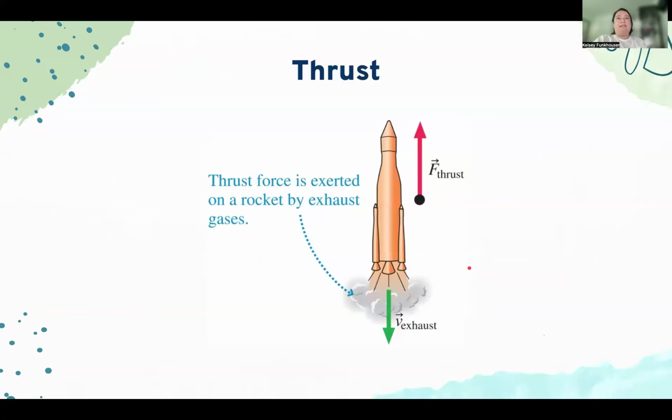And thrust is another one. You can kind of think of it as rocket force almost. So what happens is some sort of rocket system pushes out exhaust, and that allows it to have a force pushing forward. So that's another type of force.